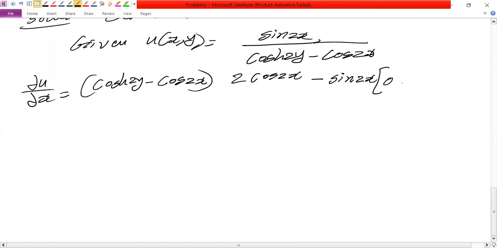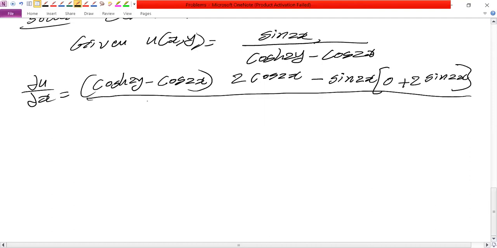The derivative of cos 2x is minus 2 sin 2x, so it becomes plus, all divided by v square, (cosh 2y minus cos 2x) whole square. Now we need to do some simplification.